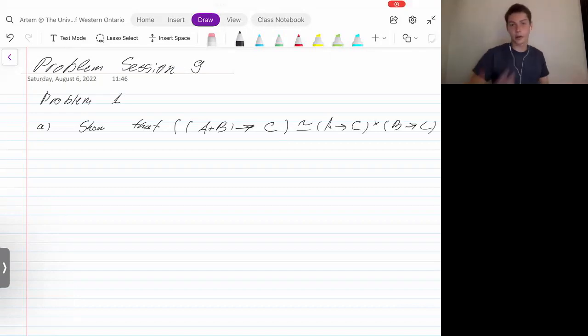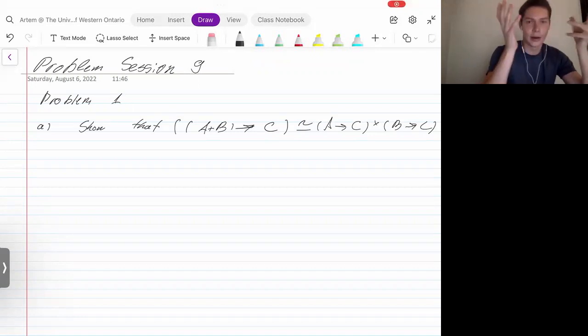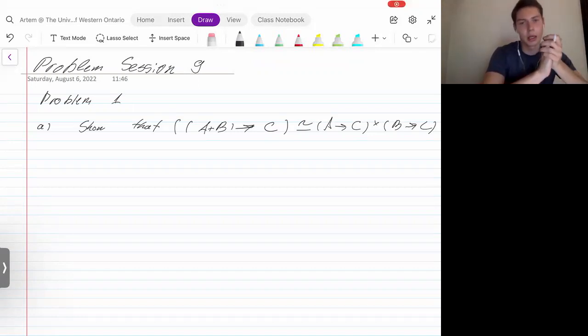So for those of you who are familiar with category theory, this is the usual property of coproducts. Mapping out of them is determined exactly by mapping out of each individual part of the coproduct. However, this also makes sense set theoretically.